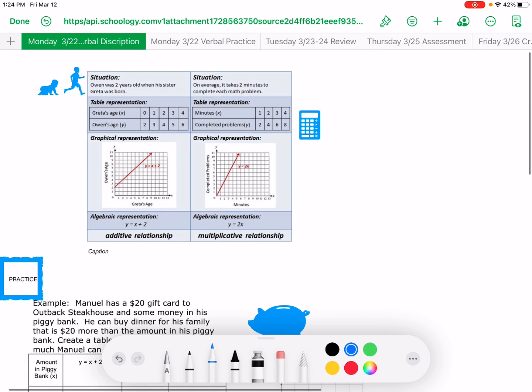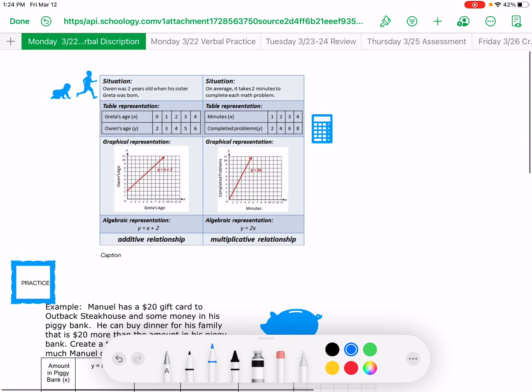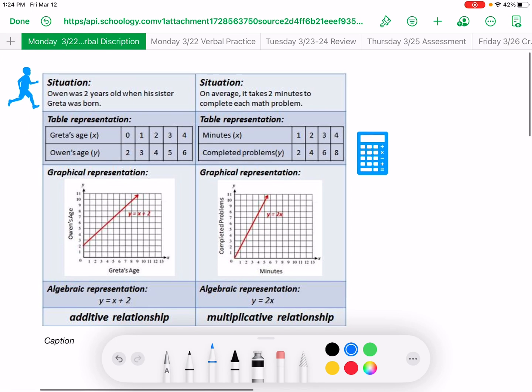So here are two situations. I'm going to read them to you. Owen was 2 years old when his sister Greta was born. So he was 2 and she was born at 0, right? And so there's your chart. When Greta is 1, he will be 3.